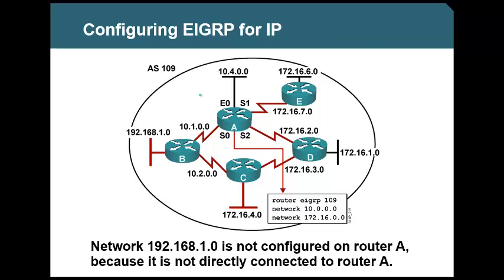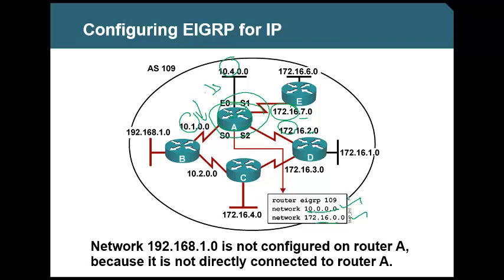Here what they are saying is router A has got 10.1, 10.4, 172.16.7, 170. So you can just run all the 10 networks of this router and all the 172.16 networks of this router. When you say this, all these 4 interfaces will now be running EIGRP. This 10.0.0.0 will run EIGRP on serial 0 and Ethernet 0.